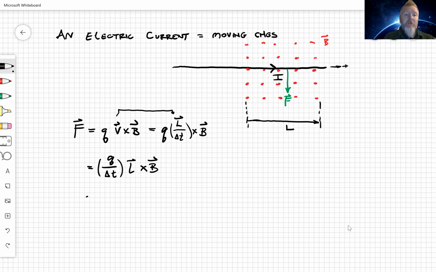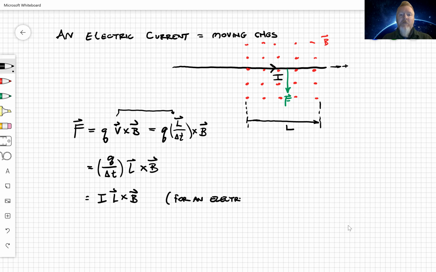So this really is the current times L cross B. I L cross B is the electrical current form of the QVB law. So it still works, you just have to look at it slightly differently by putting the dependencies elsewhere. So this works well enough for an electric current.